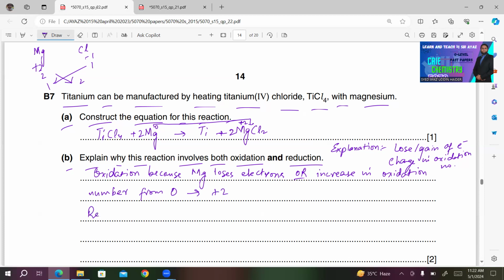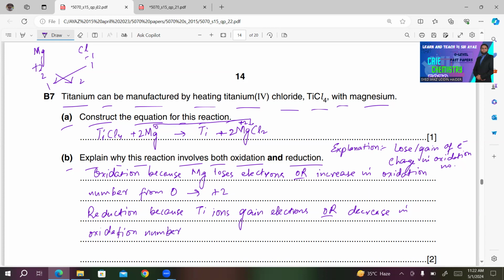What about Ti, titanium? It's reduced. So you write reduction because Ti ions gain electrons. Or there must be a decrease in oxidation number.